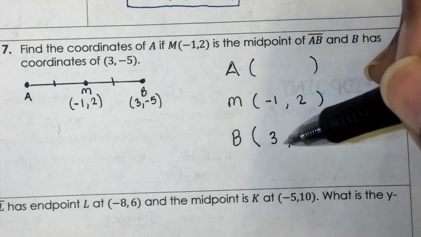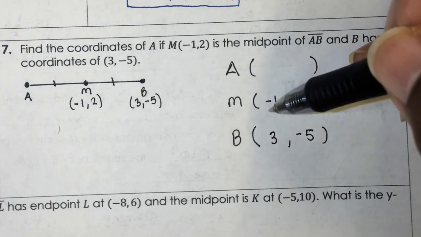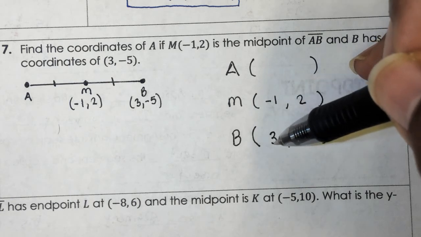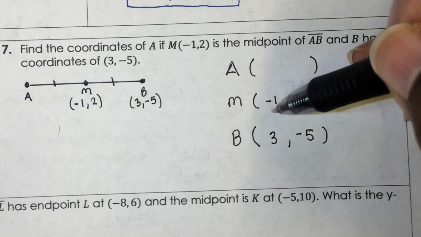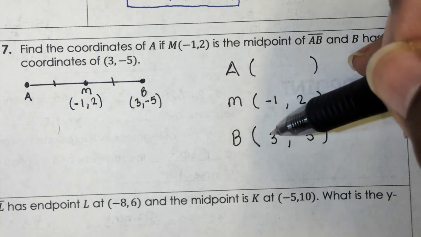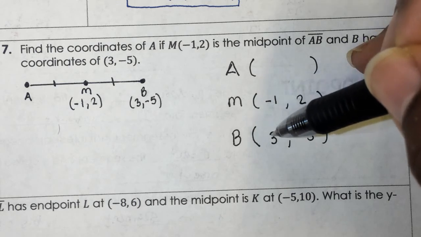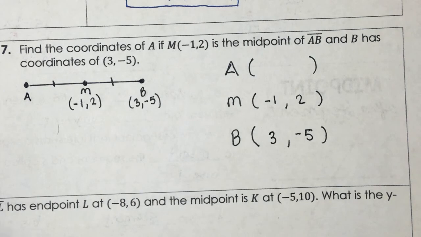From B to M, my X value went from 3 to -1. So 3 is a positive number, I went to -1. That's a negative change for me. But how many spaces did it change negatively? From 3 to -1, how many spaces is that?